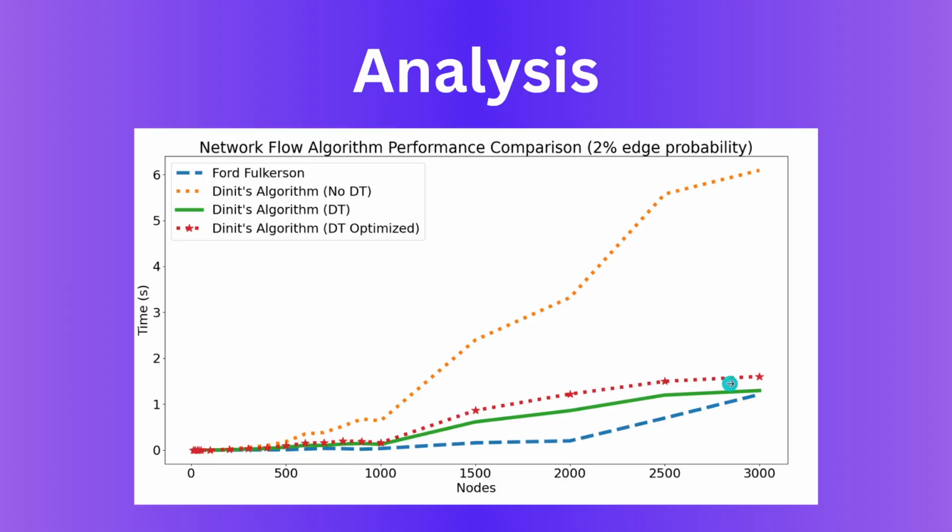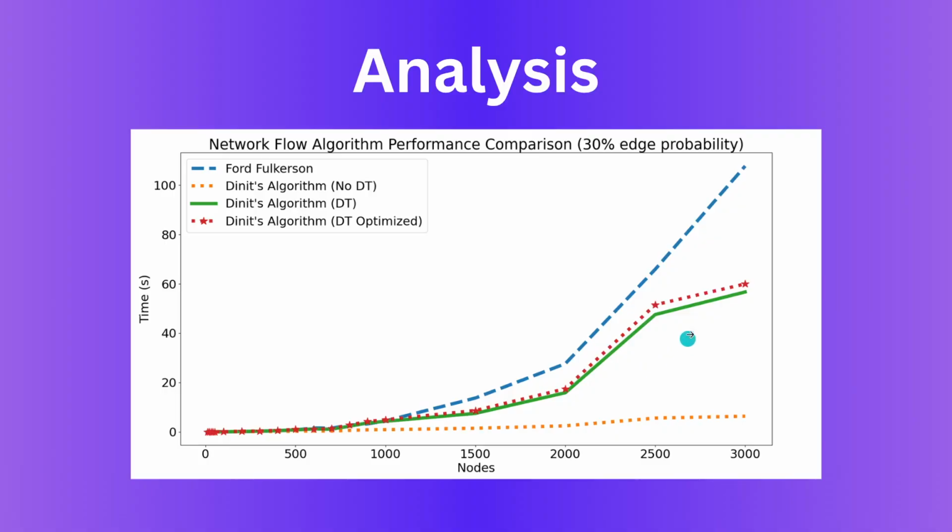But if they weren't connected randomly, then you have cases where actually the optimized tree is better to use. But we see that in this very sparse graph, our implementation using dynamic trees is faster than Dinic's, but not faster than Ford-Fulkerson. So let's try a more dense graph.